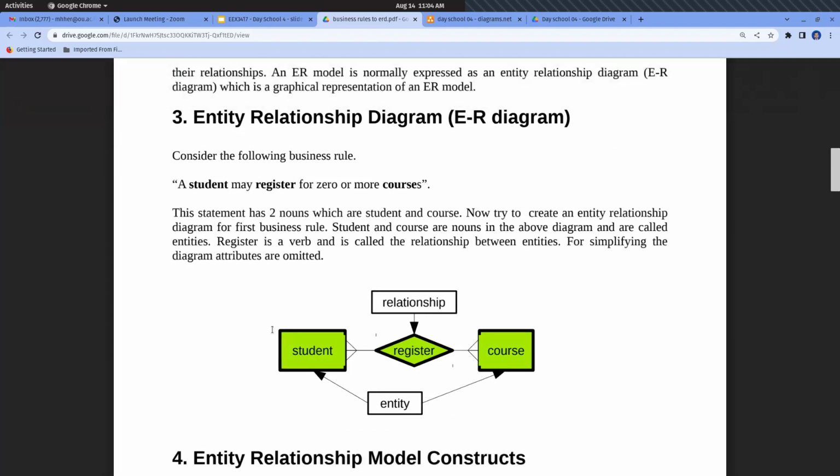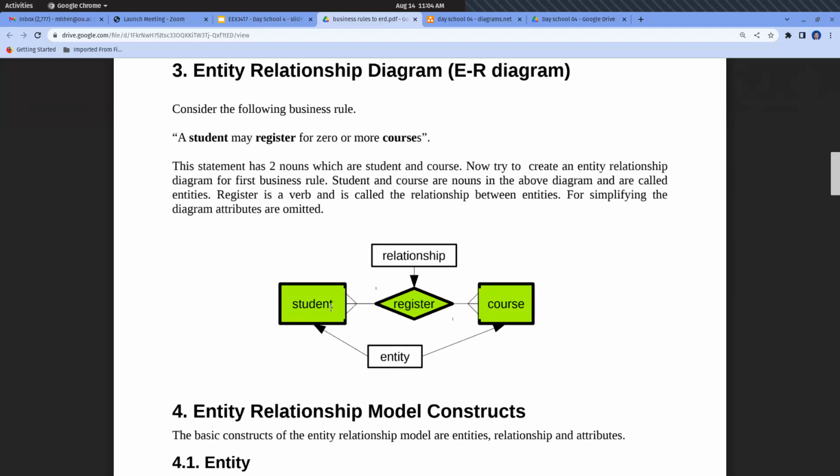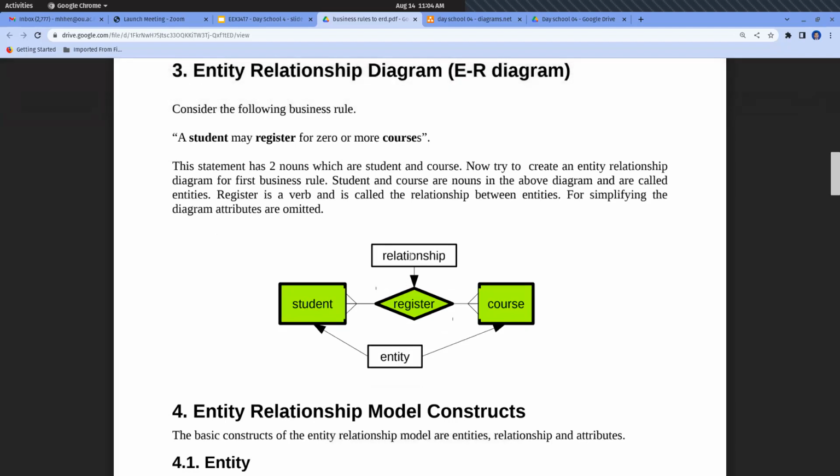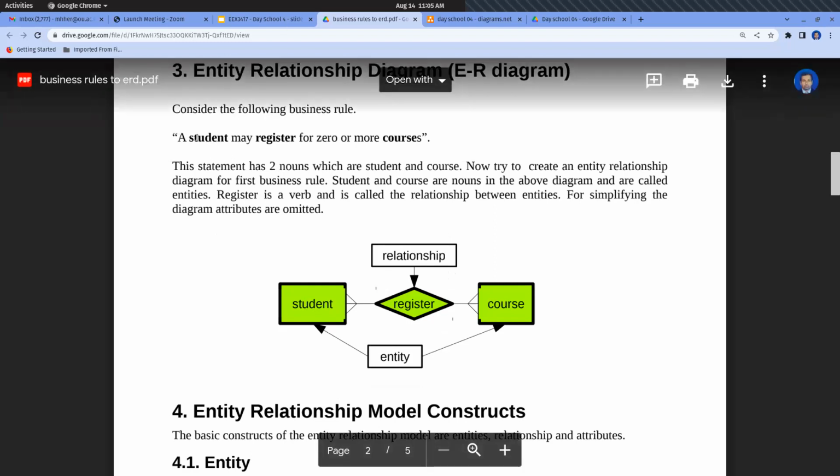One more thing I have to indicate: these students and courses are entities. Each entity relationship diagram should have entities and relationships. We can obtain the entities and the relationships from a sentence. Here, a student may register for 0 or more courses.